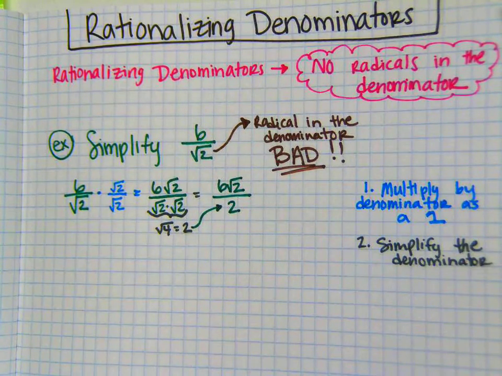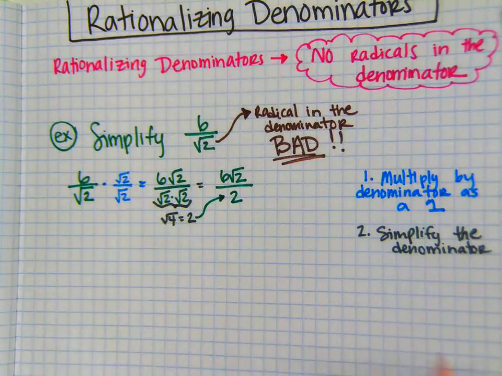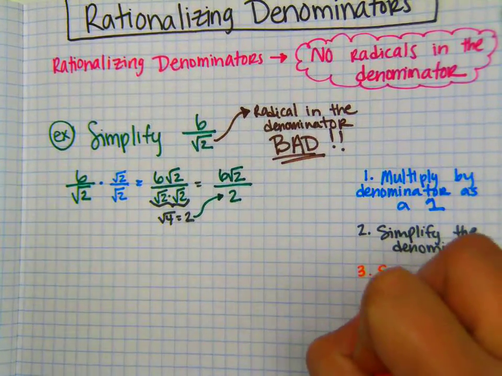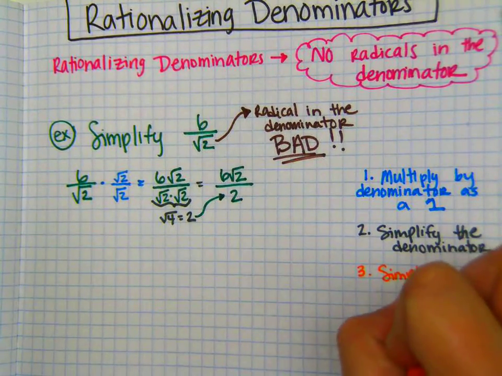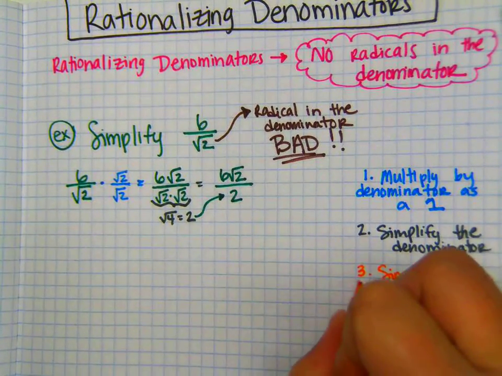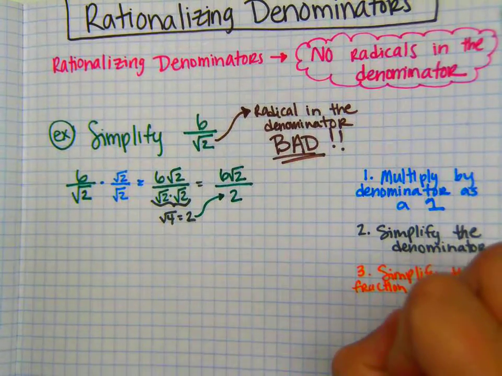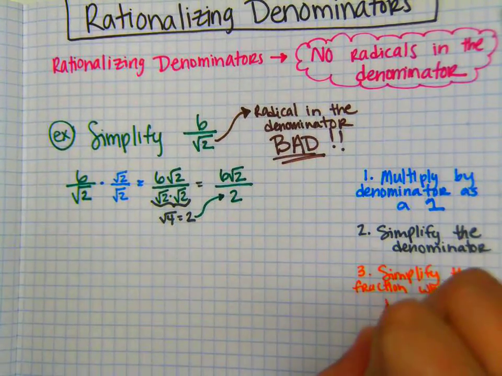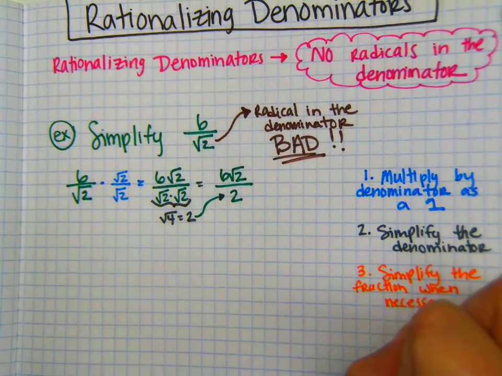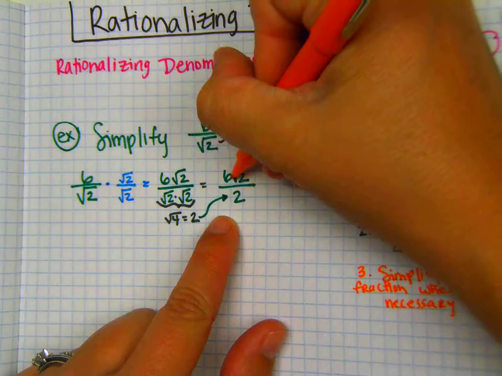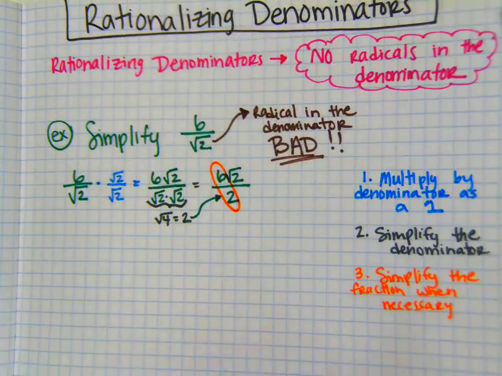And then our third thing we do is simplify the fraction when necessary. And what that means is, looking at this, we have 6 over 2, and we can simplify that.